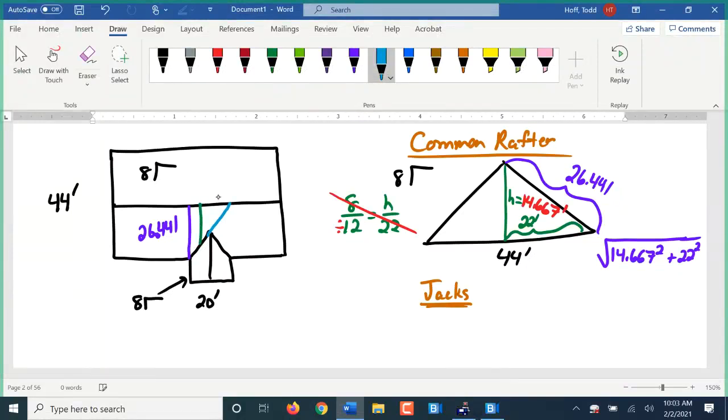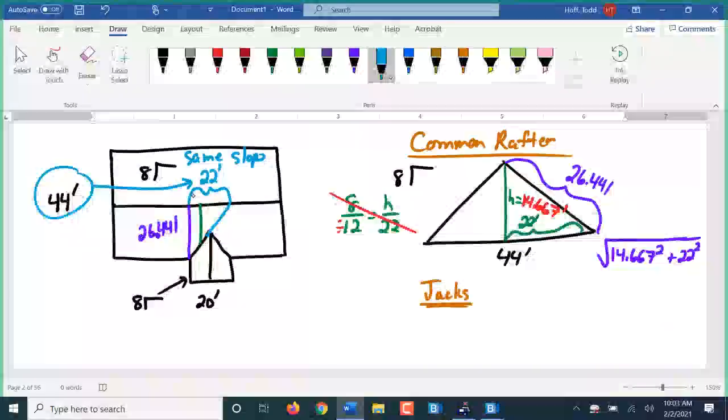If I extend this up here, this distance, since they are the same slope, that distance is just going to be half of this span, the 22 feet. Now we're going to look at an example a little bit where it's not half of that span, but that'll be with different slopes. So that's 22 there, and of course this would be 20 here for that length. We'll call it x.